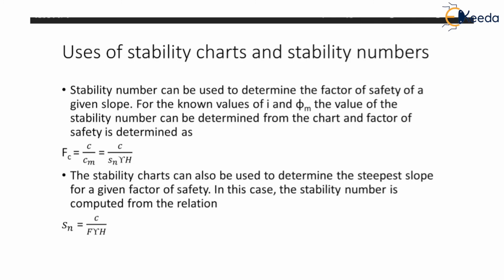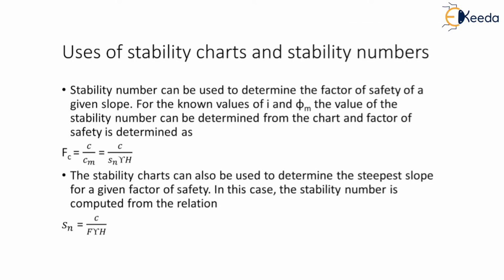So now let us summarize the uses of stability charts and stability number. So stability number can be used to determine the factor of safety of a given slope. So factor of safety can be obtained from this formula, which is Fc equal to C upon Cm, which is equal to C upon Sn gamma h, where Sn is the stability number.